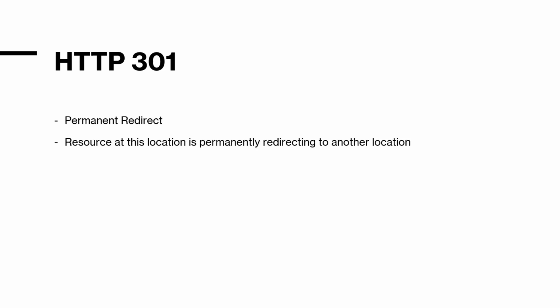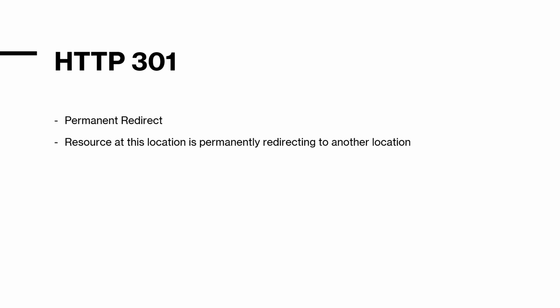The 301, a little less common, but it is a permanent redirect. Basically, let's just say you have a resource like vltechnology.com/store or something like that, and I want to move it to a different website rather than having it on our main website. We could have a 301 sent back to redirect the client to the proper URL.